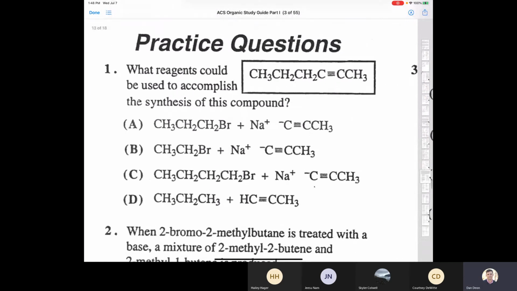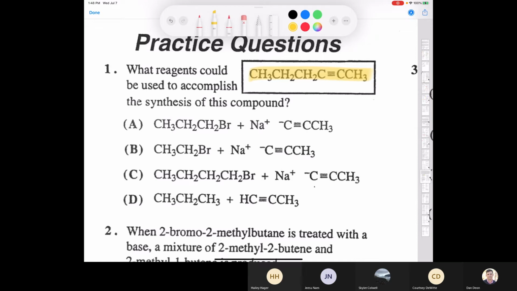It simply says, which reagents could be used to make this compound? I want to make this compound right here, which is 2-hexyne.